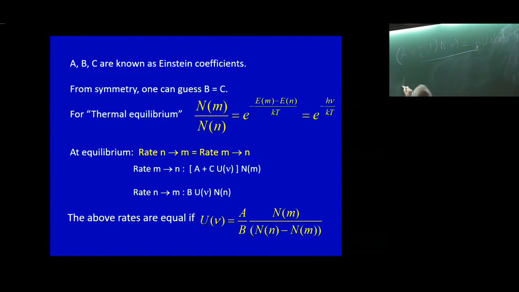Therefore, I have A into the number of particles in the state M is equal to B U into the number of particles in the state N minus the number of particles in the state M, in a bigger bracket there.